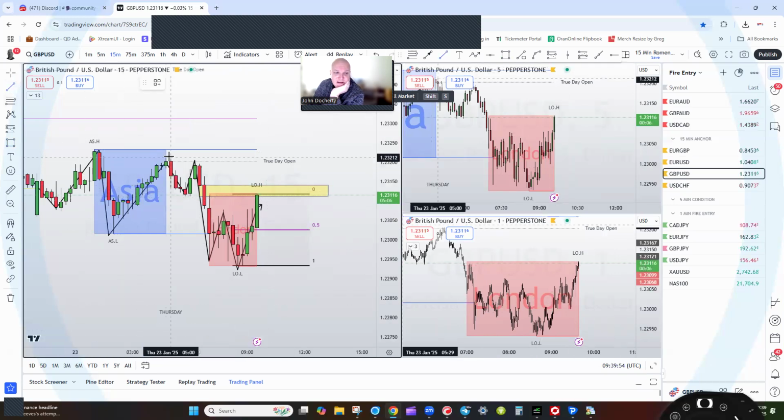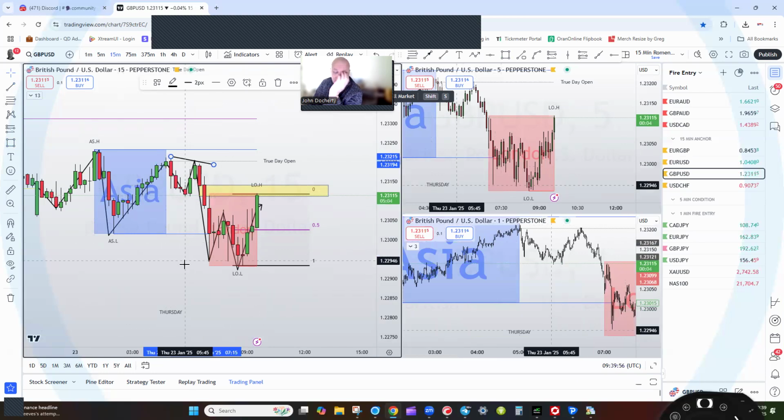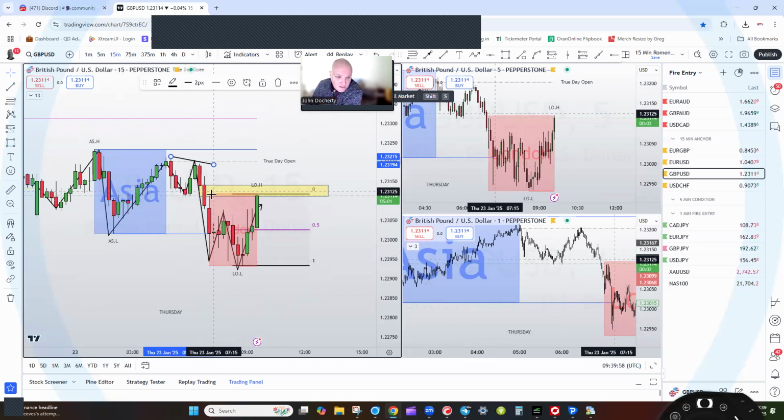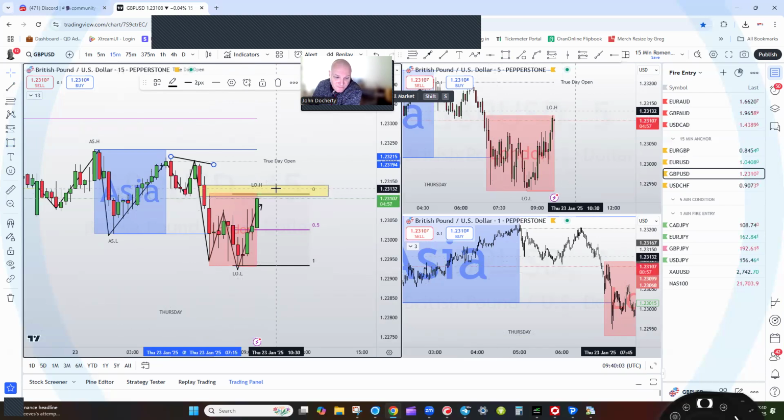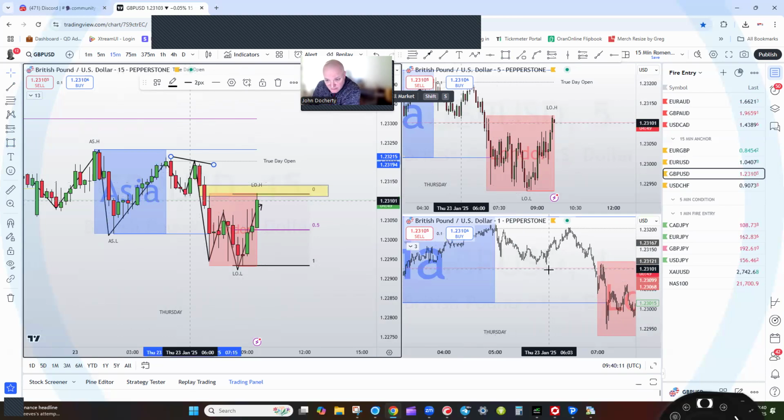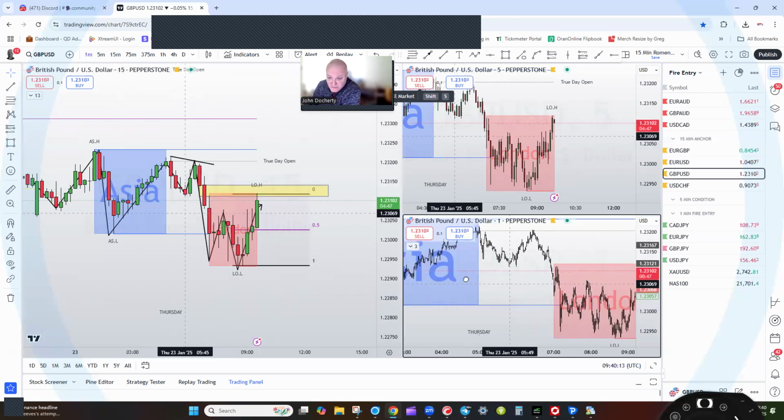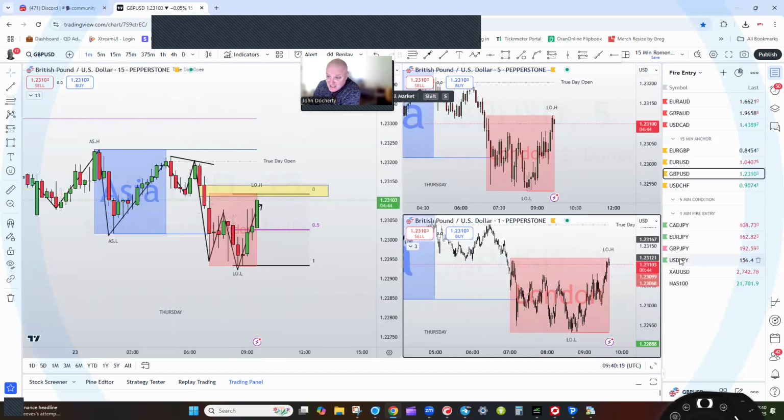You've got the high. You've obviously got the liquidity lower highs here. So there's a form of liquidity where it would want to go into to maybe start a target down here as well, if that makes sense. So a bit of a price action following lesson there.